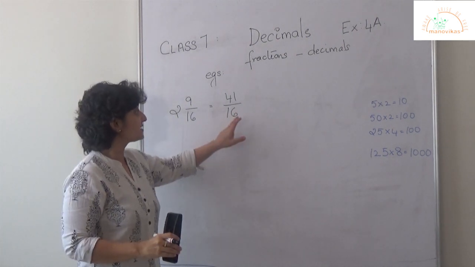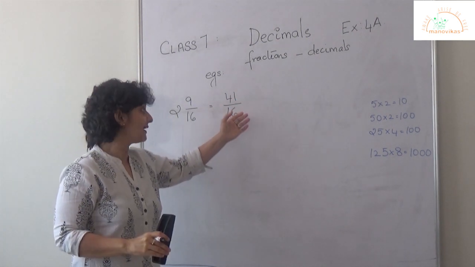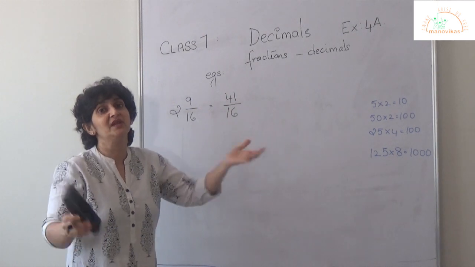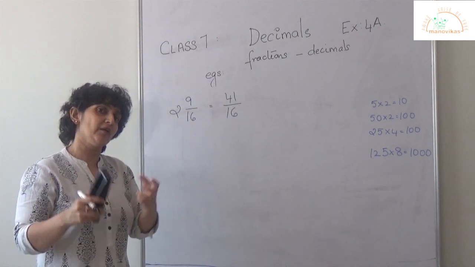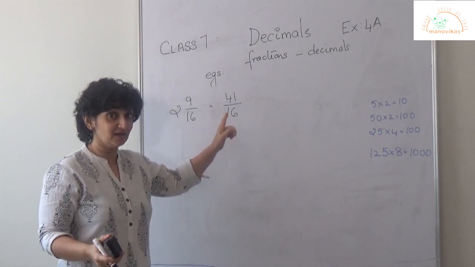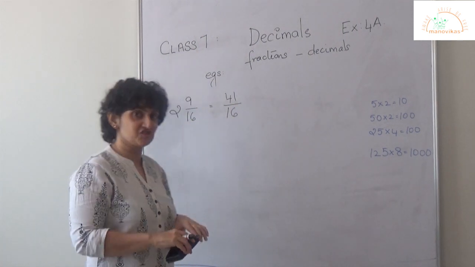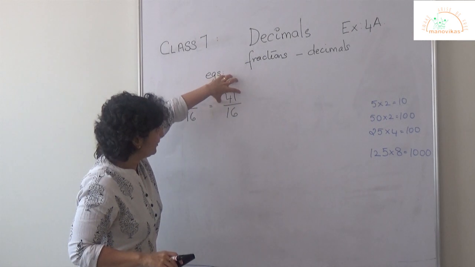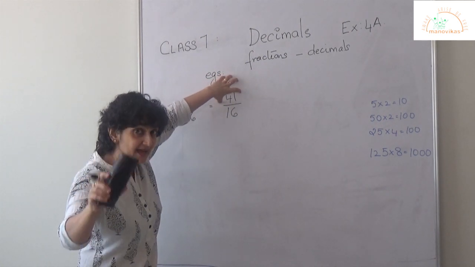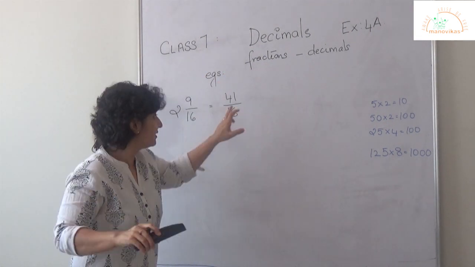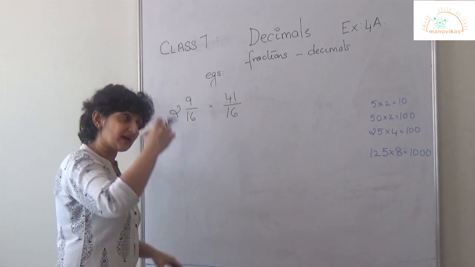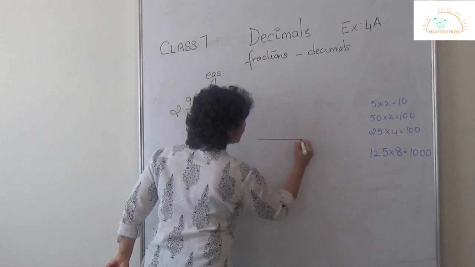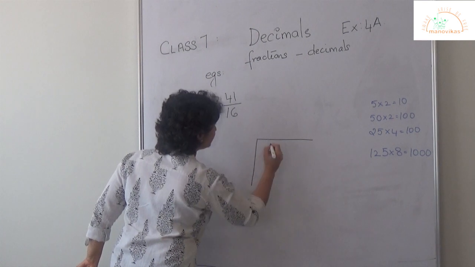Now there is no table which I can multiply into 16 that would give me 10, 100 or 1000. Now here we will have to do a division method. I told you, remember, your dividend or numerator will go inside and your denominator comes outside. So let's do division.